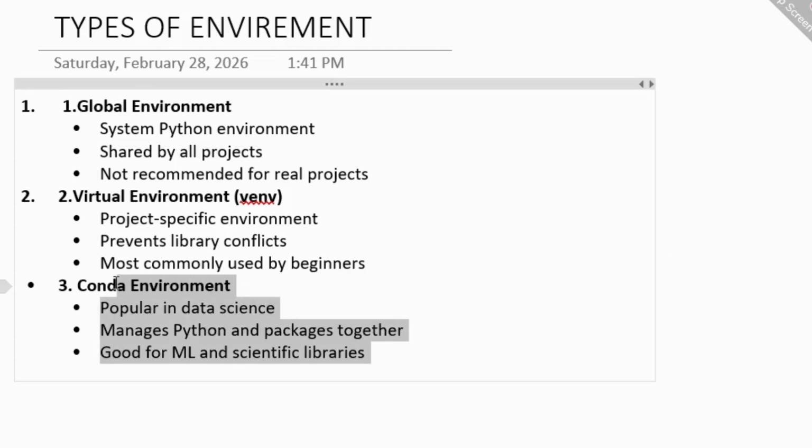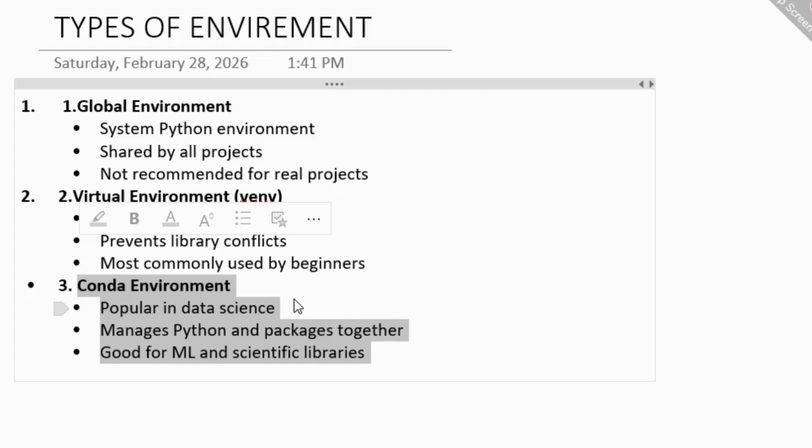And the third one is the Conda environment. The Conda environment is popular in data science, manages Python and packages together, and is good for machine learning and scientific libraries. This environment is very popular among data scientists and machine learning engineers.